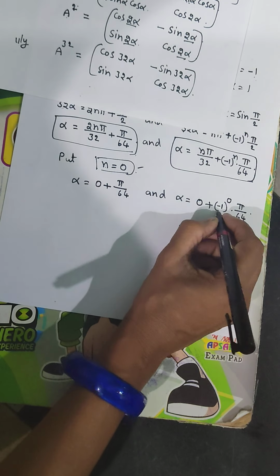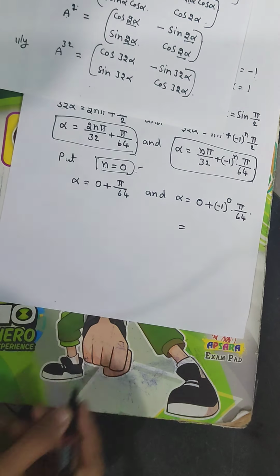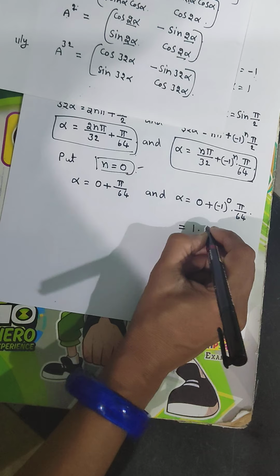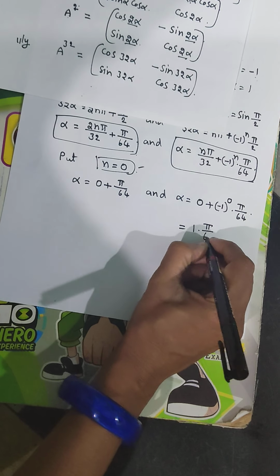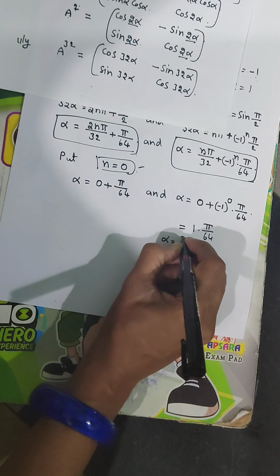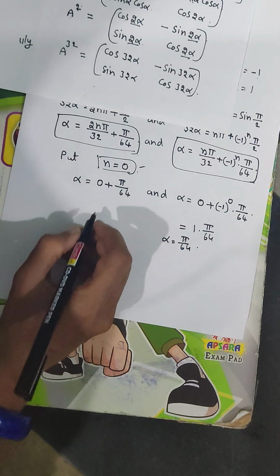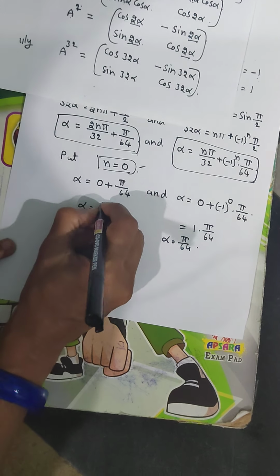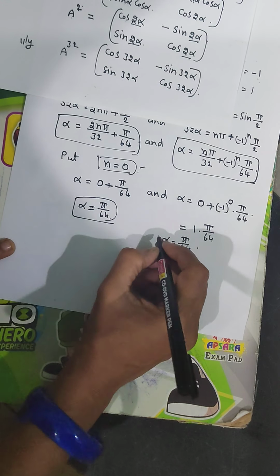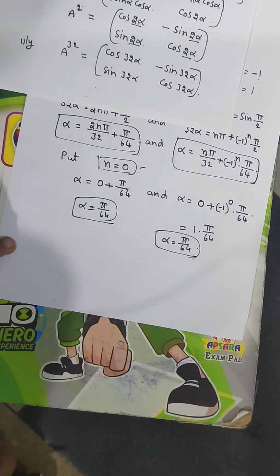Minus 1 power 0 is 1, so alpha is equal to pi by 64. In both cases, alpha is equal to pi by 64.